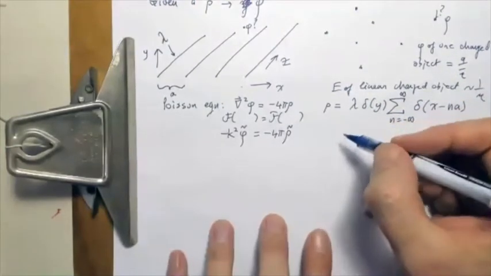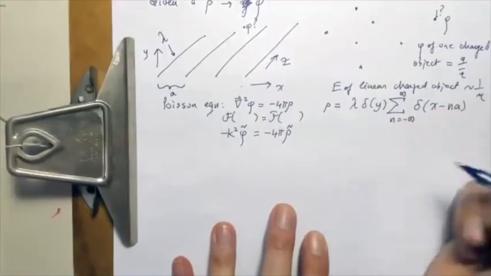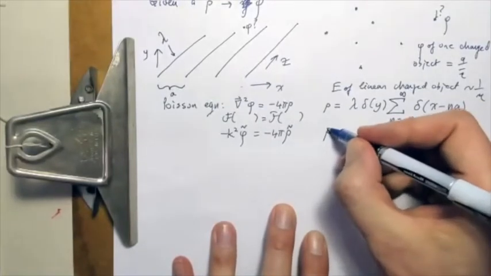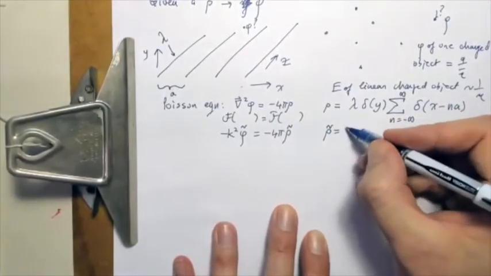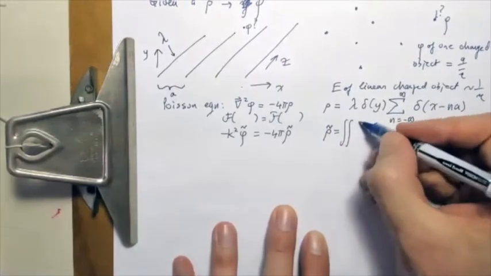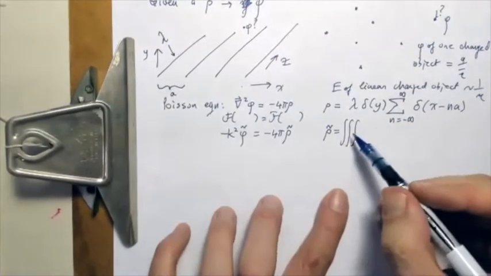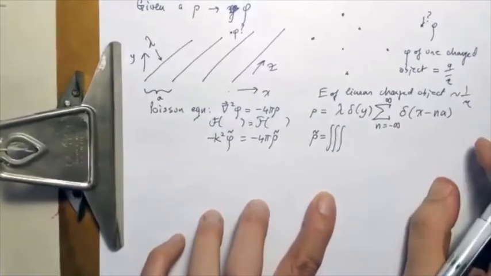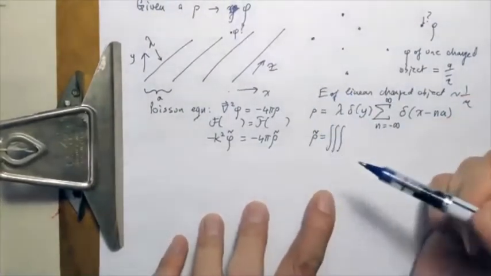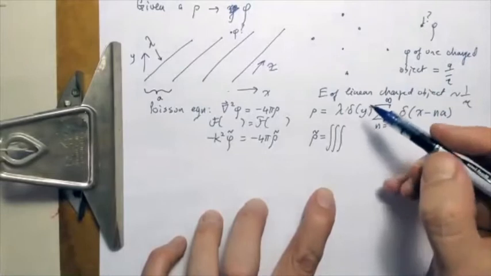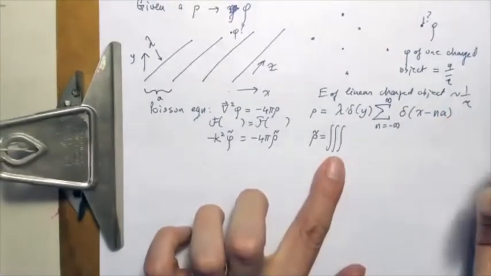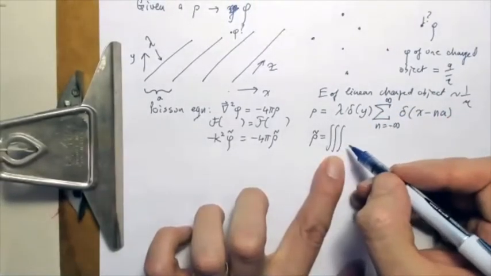The Fourier transform is three integrals. I'm doing 3 integrals, even though we don't really need the z component, but you'll see that it ends up not mattering. We could do this as a 2D problem or a 3D problem.